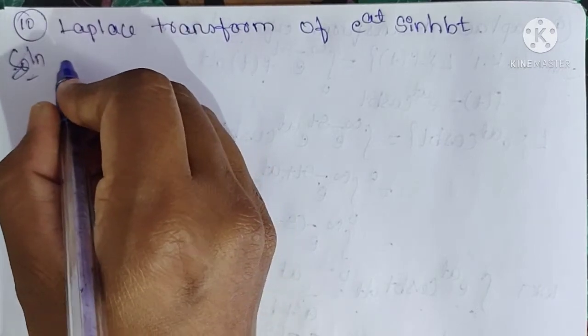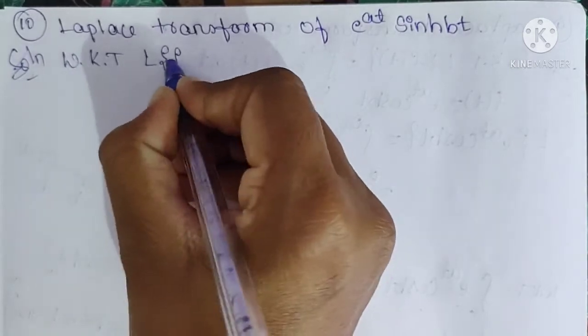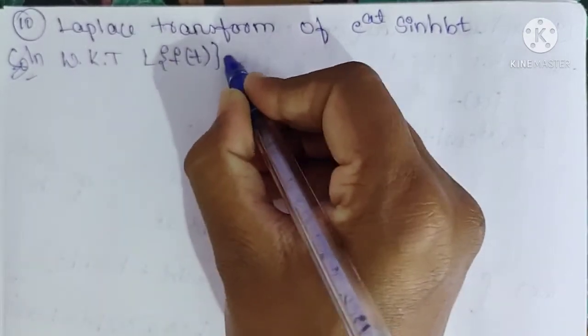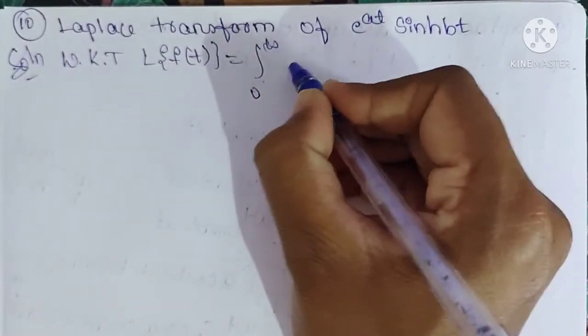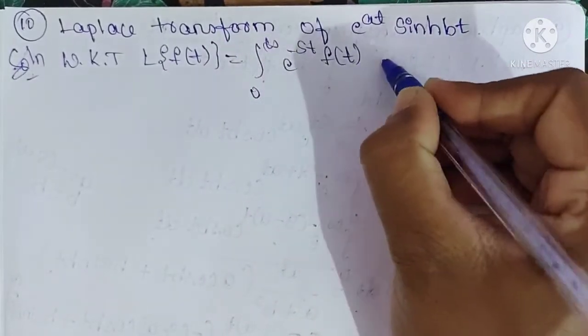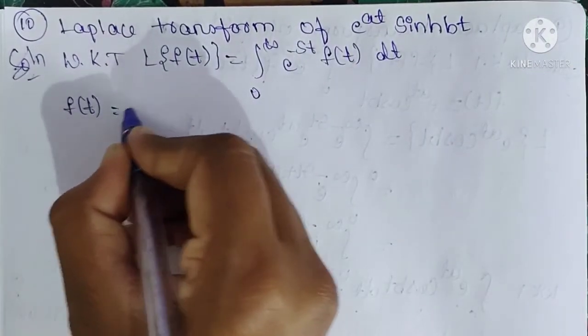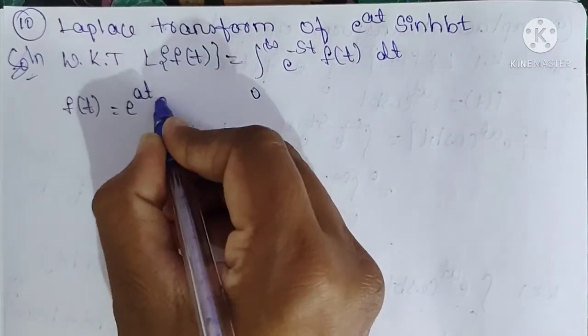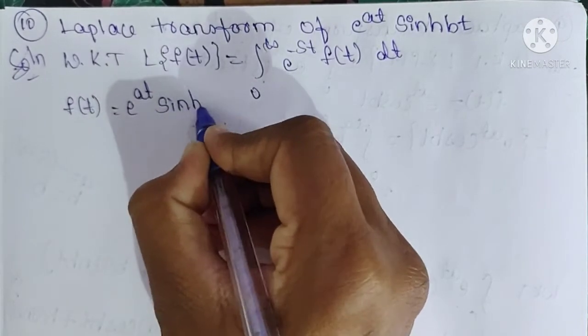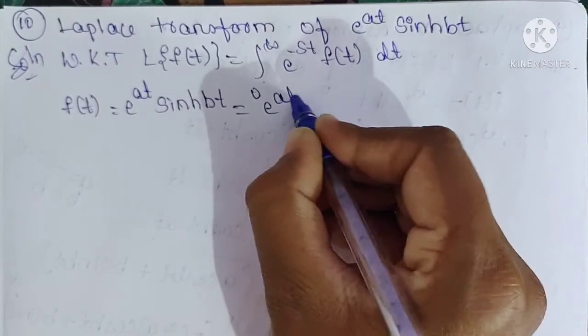By the definition of Laplace transformation, we know that L of f of t is equal to integral from 0 to infinity of e power minus st f of t dt. See here, f of t is e power at sin h of bt. e power at as it is.